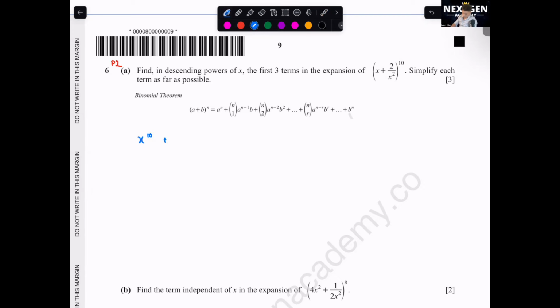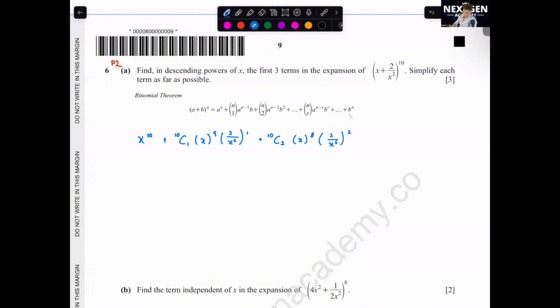Second one, 10C1 x to the power of 9, 2 over x squared to the power of 1. Third one, 10C2 x to the power of 8, 2 over x squared to the power of 2.